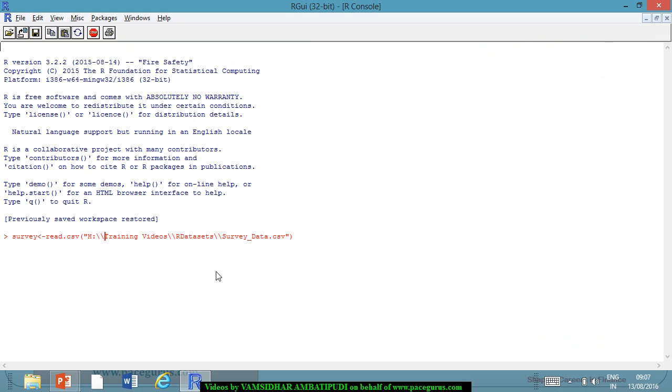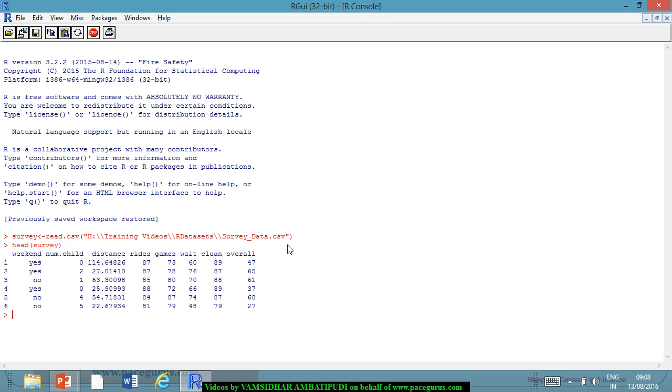It is there as a part of this particular location. I'm trying to get that data, and quickly seeing what is there as a part of it. So I'll put up the head, since I have taken that as a variable called survey. So it is like this.